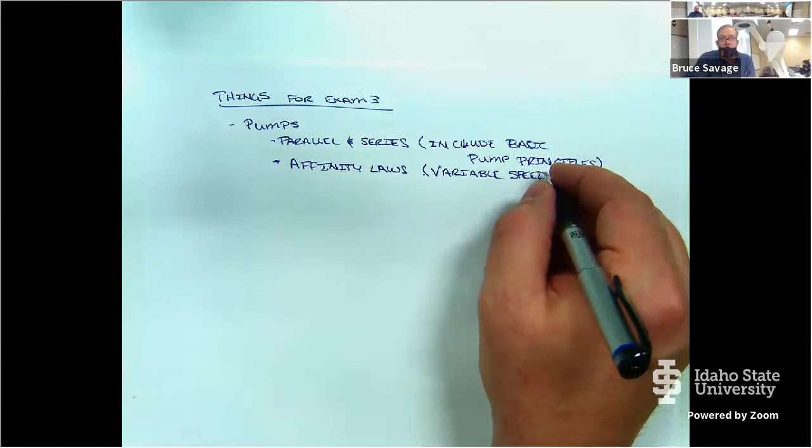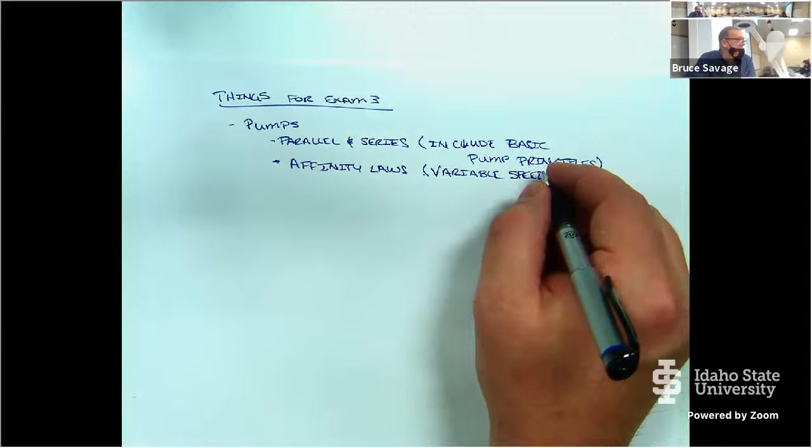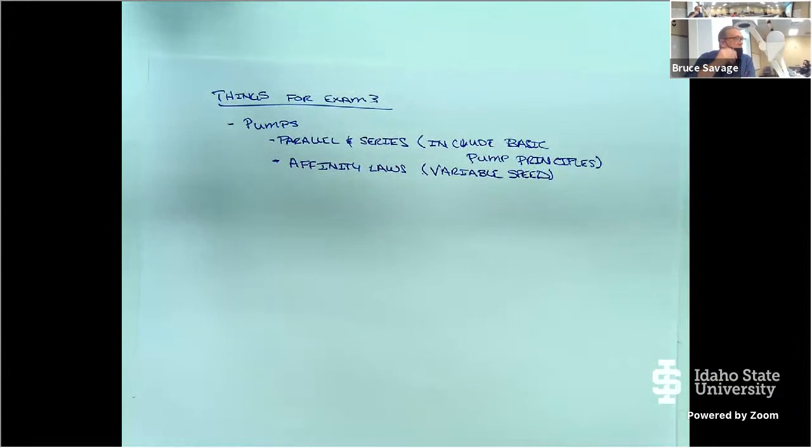What are the affinity laws? How do you construct the graphs? How do you find the operating point for a pump that is running at a different speed than its initial pump curve talked about? Okay.